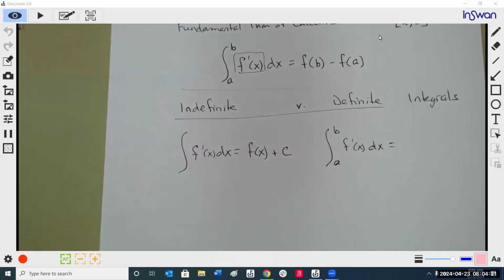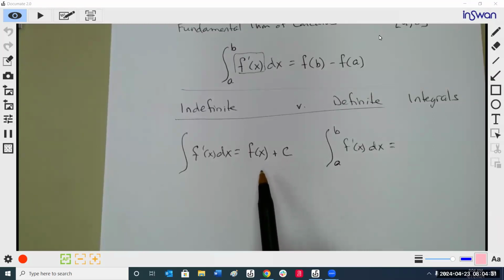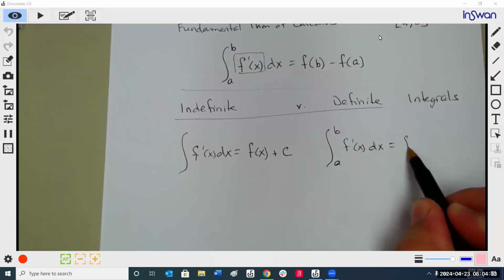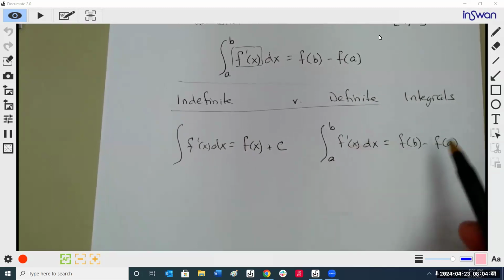It just gives us a general formula for it, until we have a condition that defines the initial value, c. This just gives us an equation. The definite integral gives us a number because since we have the function, we plug in the beginning and end points and that gives us the final answer.